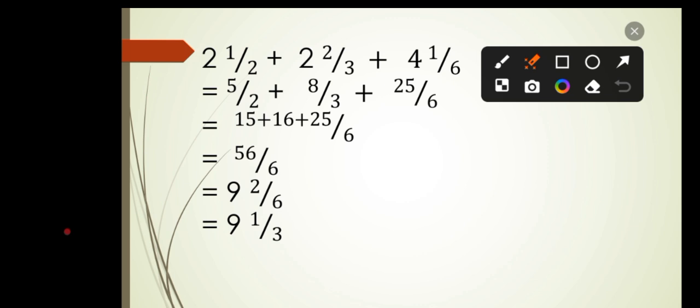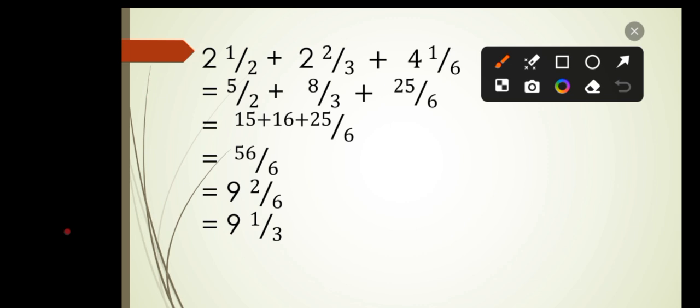Now that we have converted the mixed fractions into vulgar fractions, let's look for the LCM because their denominators are different. What is the LCM of 2, 3, and 6? Using the procedure we have been using, you discover the LCM of 2, 3, and 6 is 6.